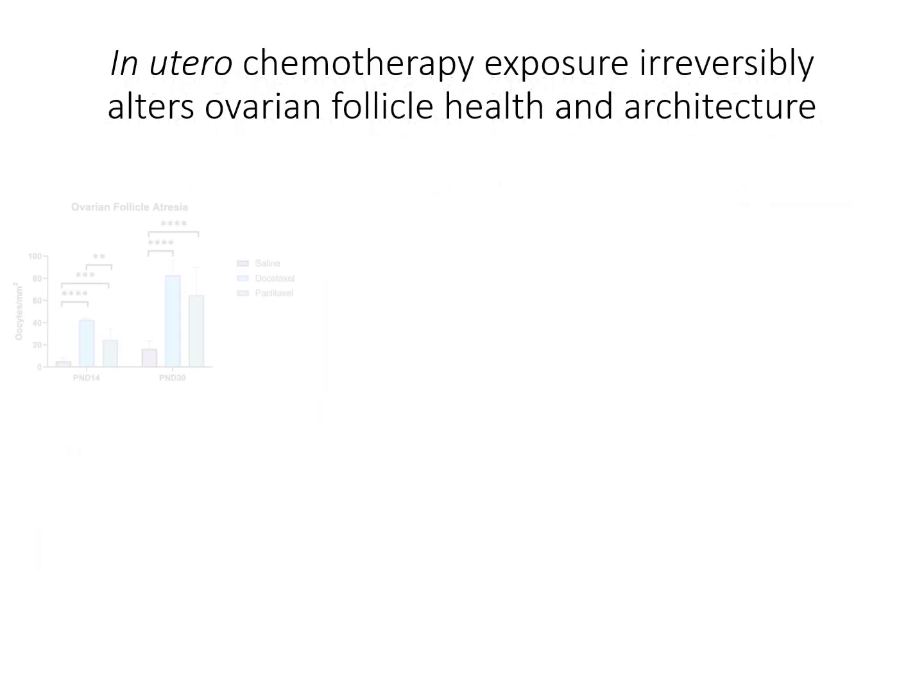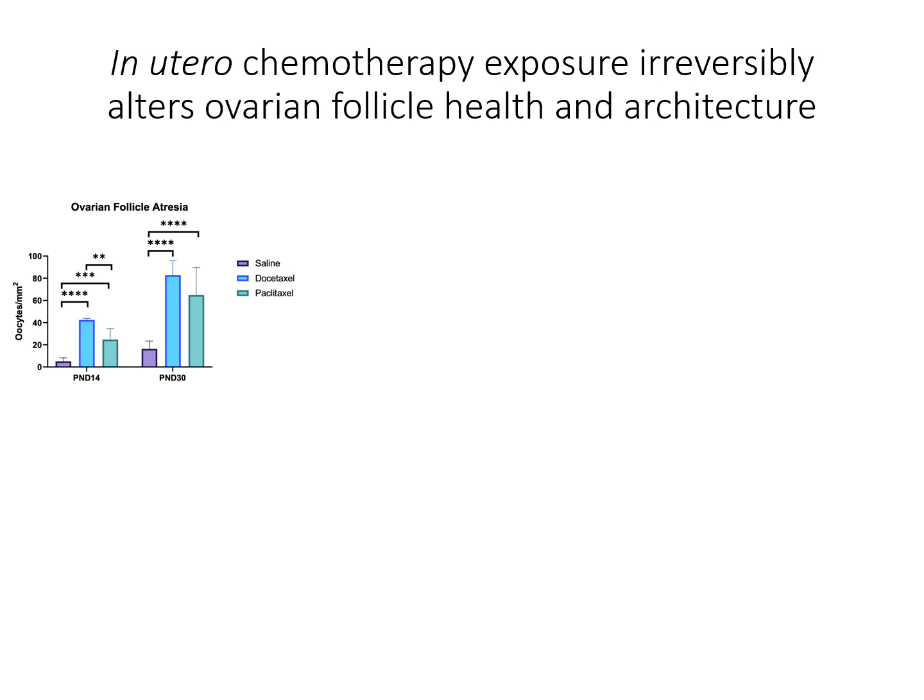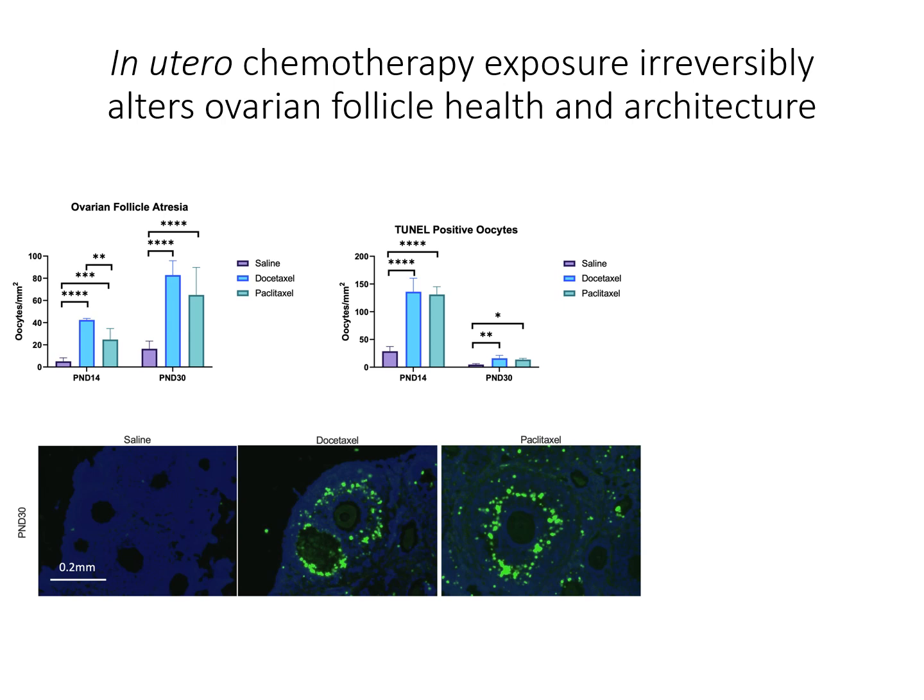When we quantify this, we see a significant increase in follicle atresia in both chemo groups at both time points, and this coincides with increased TUNEL positivity, which demonstrates apoptotic cells, and this is in the follicular cells of the follicles of these groups, indicating, again, the presence of apoptotic granulosa cells, or those somatic cells, and is indicative of unhealthy follicles.